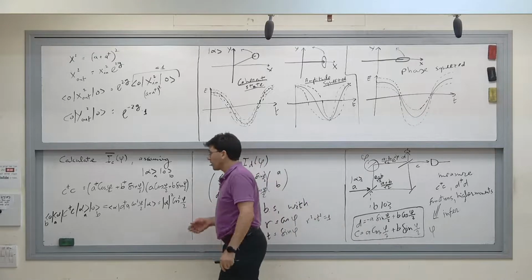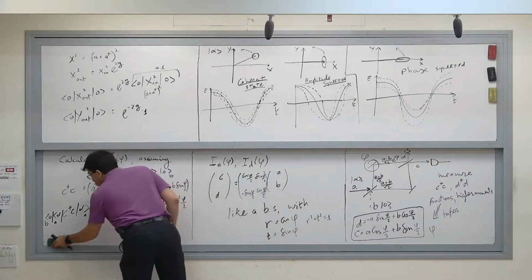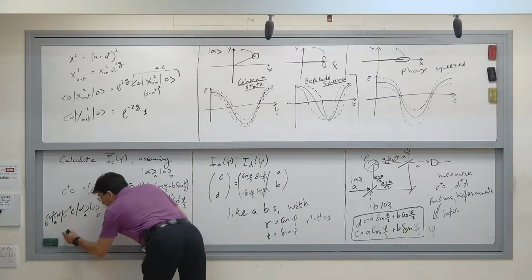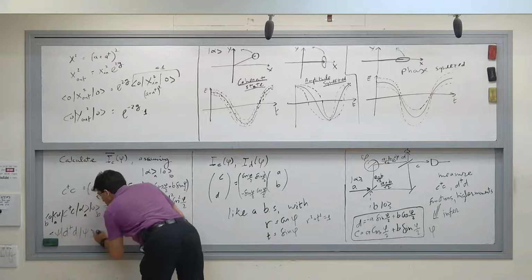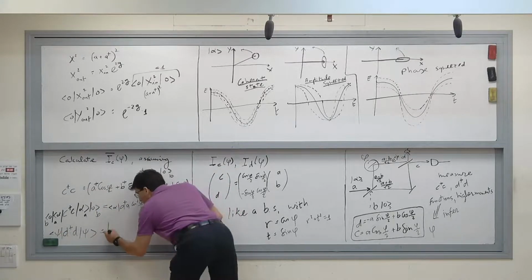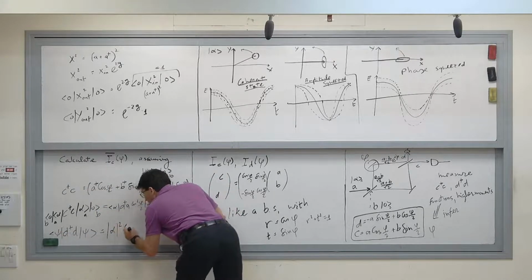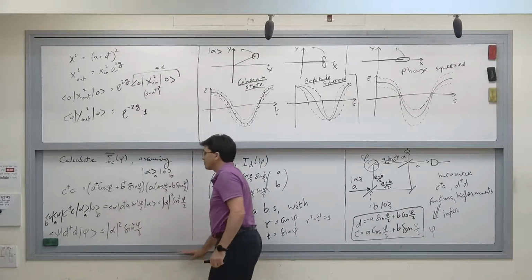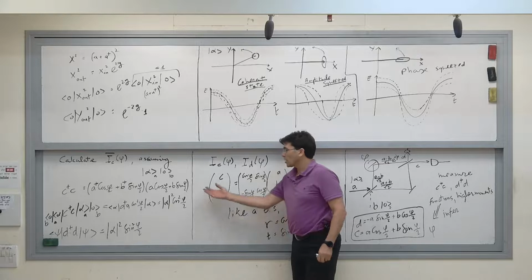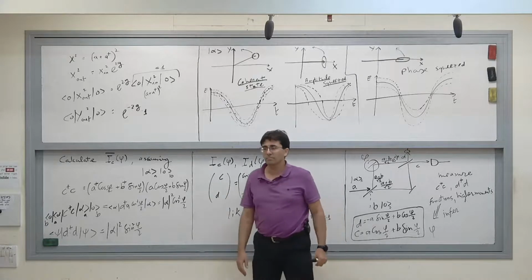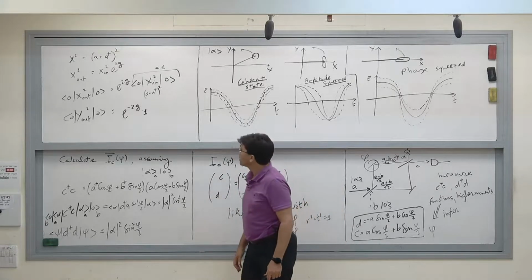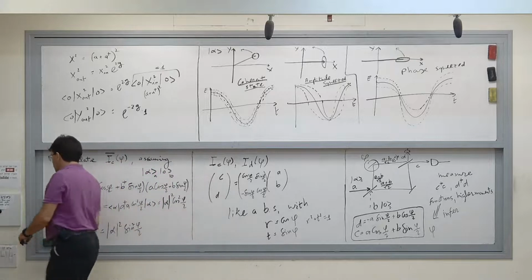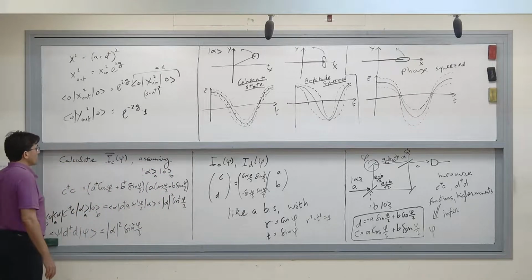That's what interference does. And I am sure that you'll believe me to see that D dagger D average would equal the same thing times sine squared phi over 2. And the total intensity should be 1, because this is an energy preserving thing.